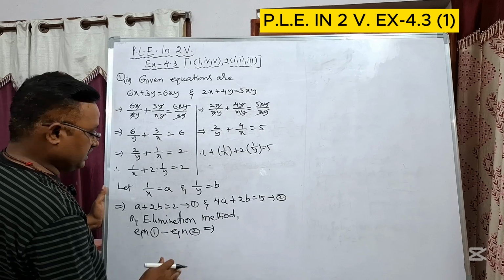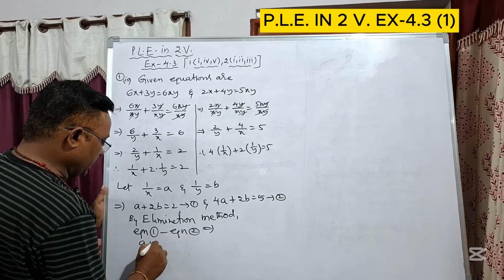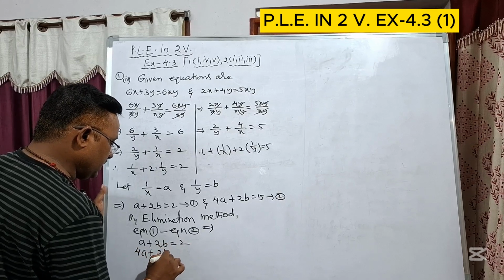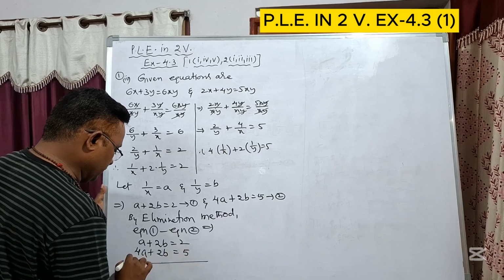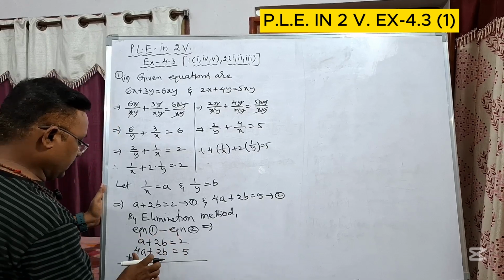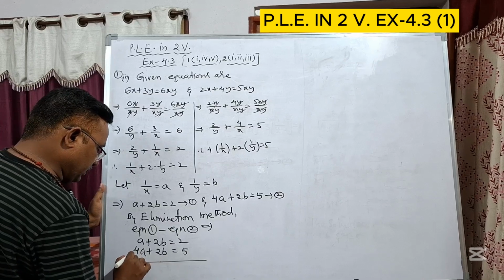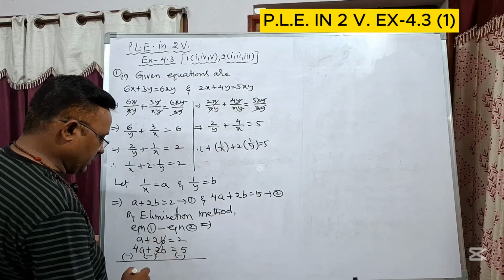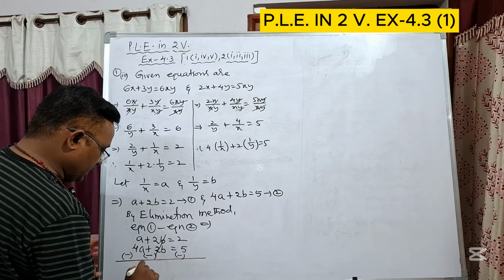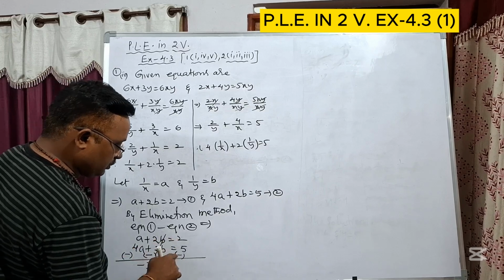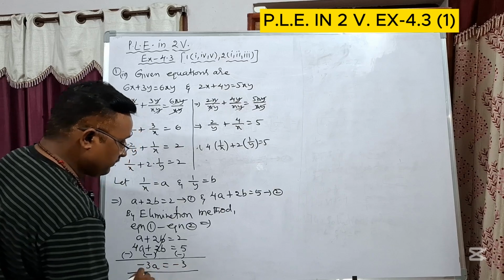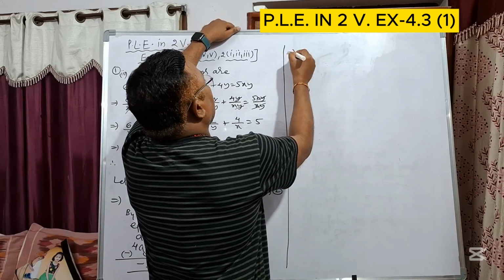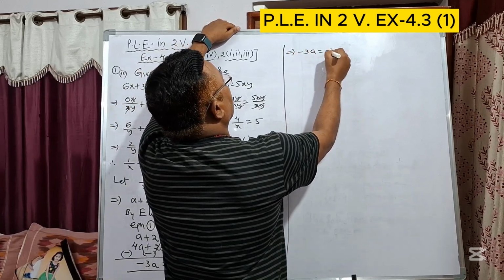A plus 2b equal to 2, 4a plus 2b equal to 5. By the subtraction, plus will become minus, plus will become minus. By this 2b minus 2b gets cancelled. A minus 4a is minus 3a equal to 2 minus 5 is minus 3. So this implies minus 3a equal to minus 3.